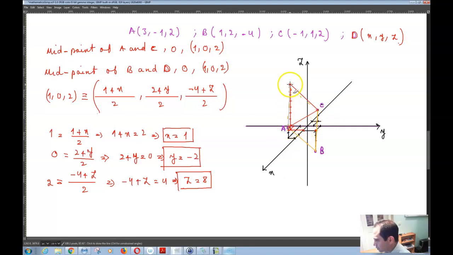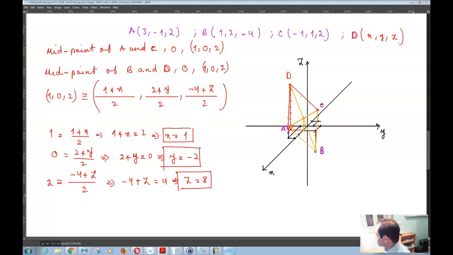So this would be your parallelogram D, and the point of intersection of all of these vertices would be (1, 0, 2), which is basically 1 and 2, this point over here, which goes through this point and also this point over here. That is basically the whole story here.